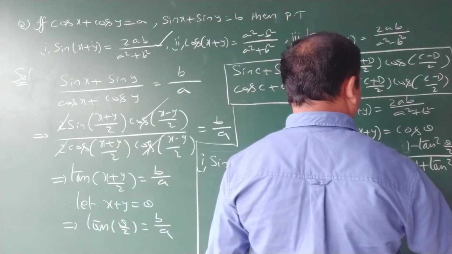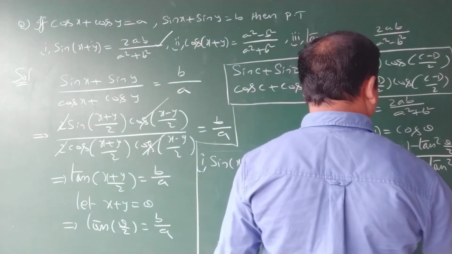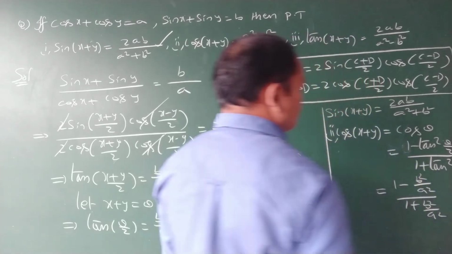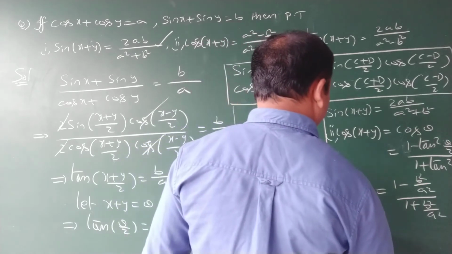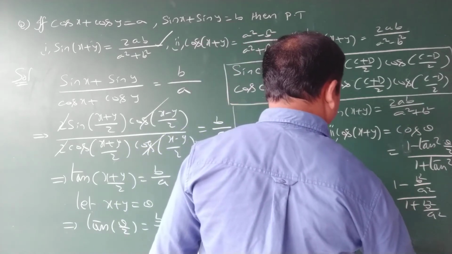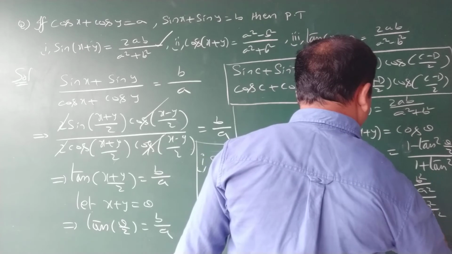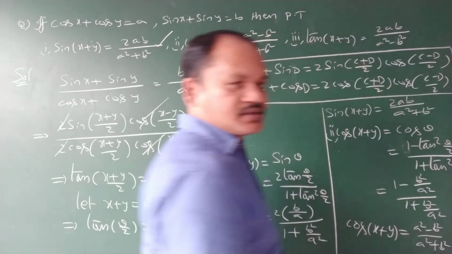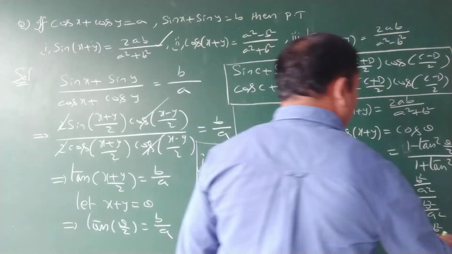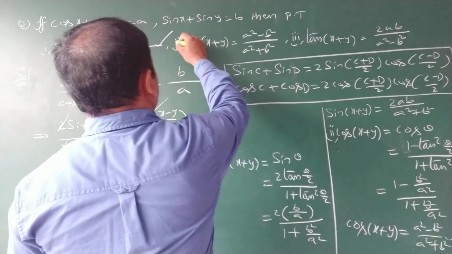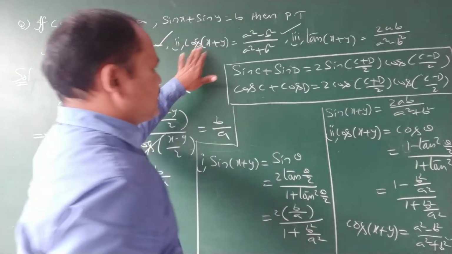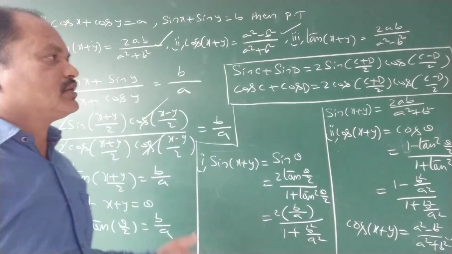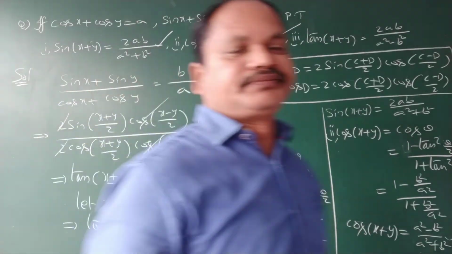That is 1 minus b square by a square, by 1 plus b square by a square. Now after simplification we get cos(x plus y) is equal to a square minus b square by a square plus b square. So the second one is completed.